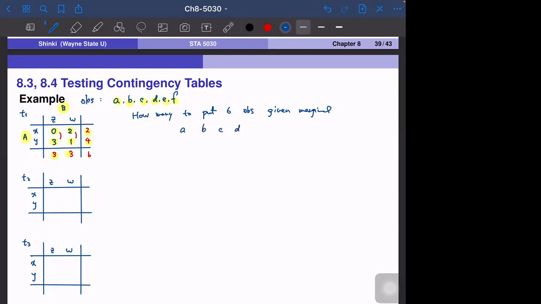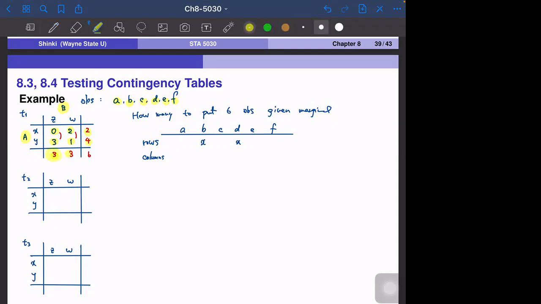So think about the rows and the columns separately. At first, think about rows. Basically, we have to assign the 2 x's out of these 6. So maybe B and D are x. And also columns: we have to assign the 3 z's.